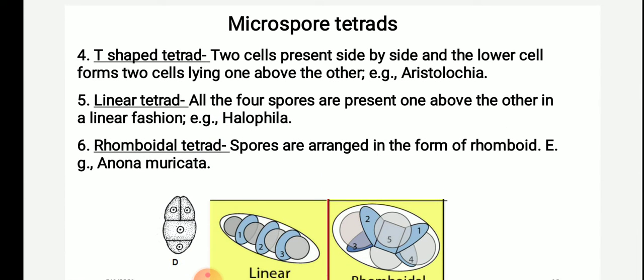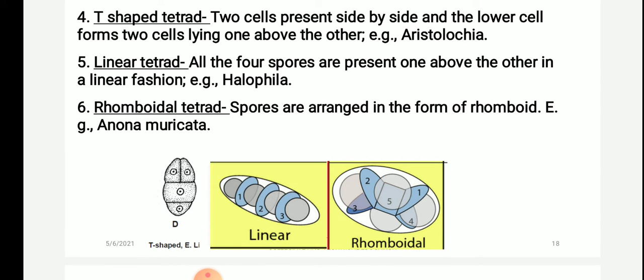T-shaped tetrad: 2 cells are present side by side and the lower cell forms 2 cells lying one above the other. Example, Aristolochia. Linear tetrad: all 4 spores are present one above the other in a linear fashion. Example, Halophila. Rhomboidal tetrad: spores are arranged in the form of a rhomboid. Example, Annona muricata.